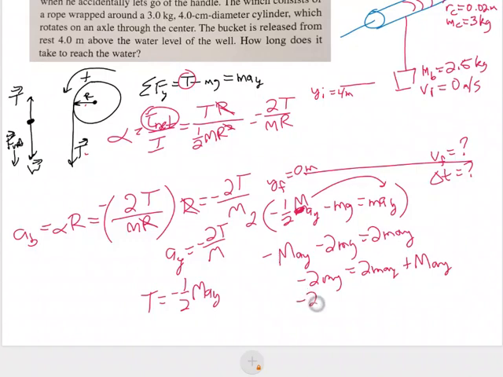So negative 2 mg equals, factoring out the AY, times 2m plus big M. Now divide both sides by this factor here, and I have AY equals negative 2 mg over 2m plus big M. And now I can plug all that stuff in.